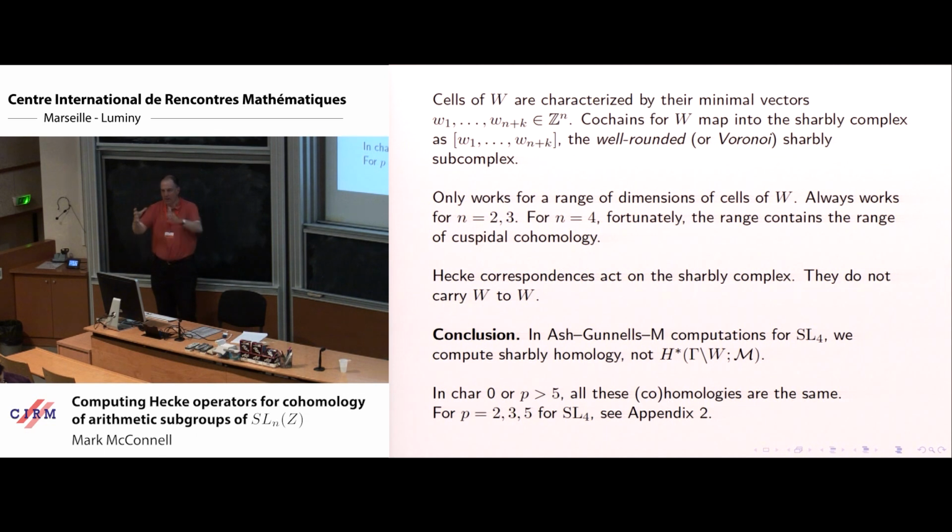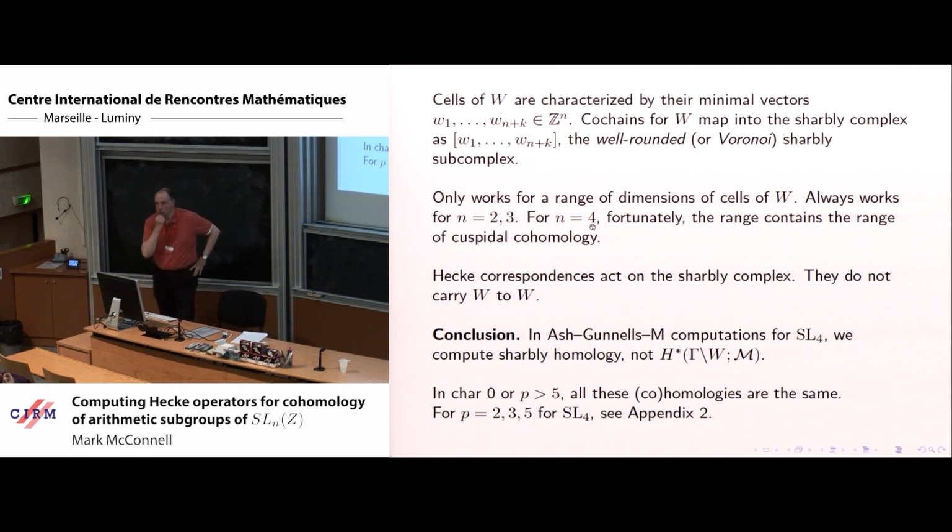The largest Voronoi cone is in 6 dimensions before you mod out by homotheties, and it's a simplex of dimension 6. And the largest perfect form for n equals 3 is A3, which has 6 plus-minus pairs of minimal vectors. So basically the numbers work out: the number of vectors characterizing a cell goes into exactly the right dimension of the Steinberg complex you want them to go to, 6 and 6.